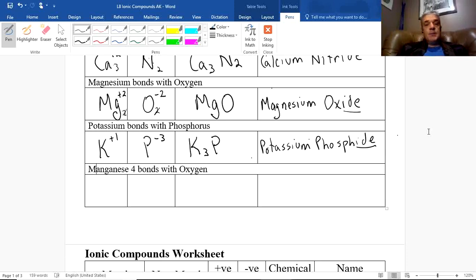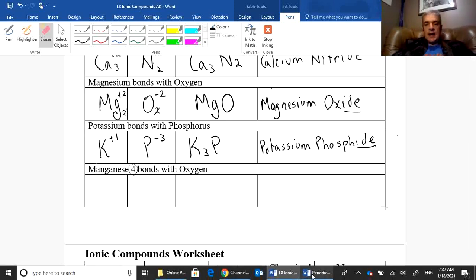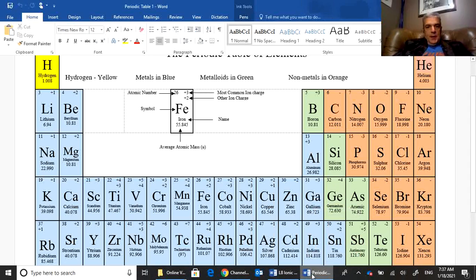Now, sometimes we get these ones where it's like manganese 4 bonds with oxygen. Well, what this really means is they're telling you what ion we're referring to. So in this particular case, manganese 4 can be found on the periodic table right here, manganese.